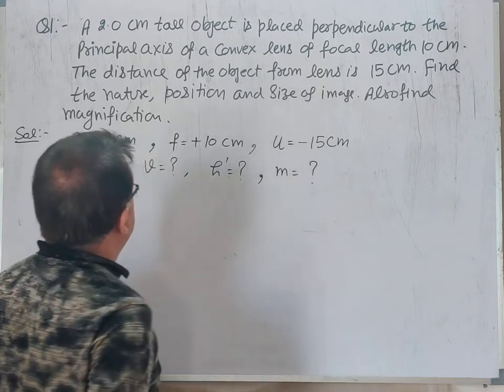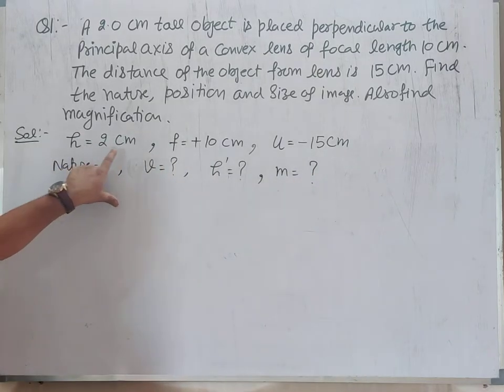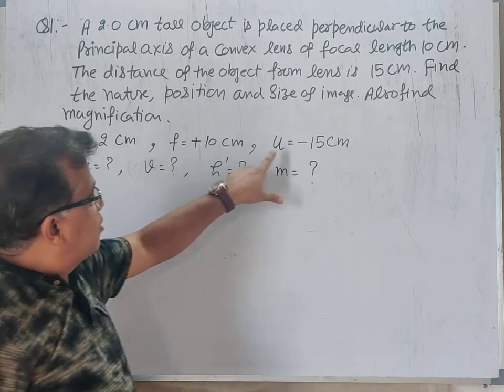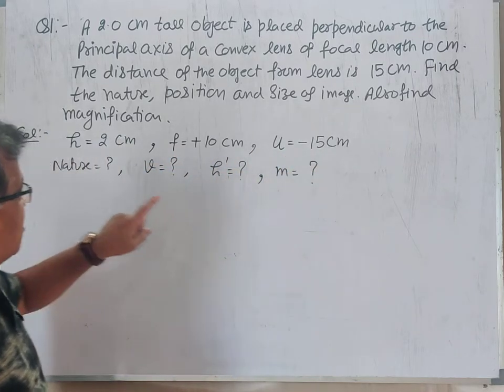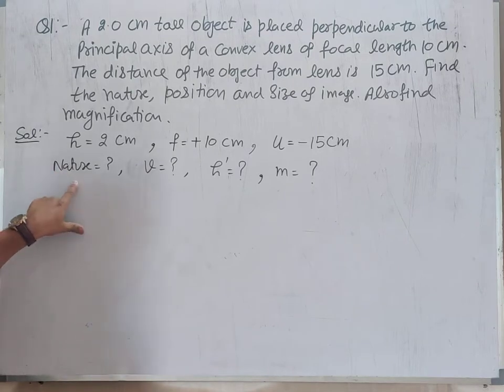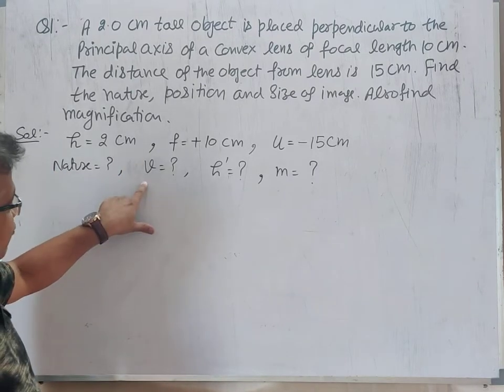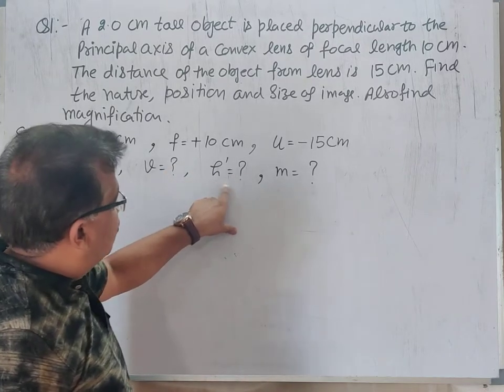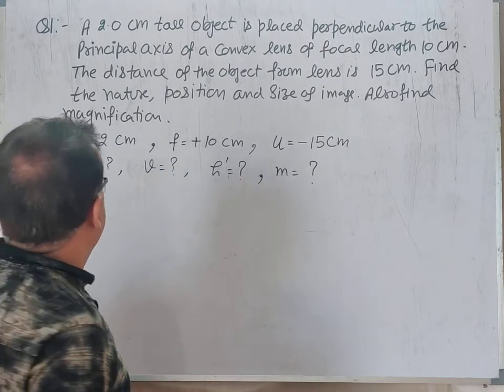So we are given three things: h is 2 centimeter, it means plus 2 centimeter, f is plus 10 centimeter, u is minus 15 centimeter. We have to find four things: nature of image, v, that is distance of the image, h dash, that is size of image, and m, that is magnification.